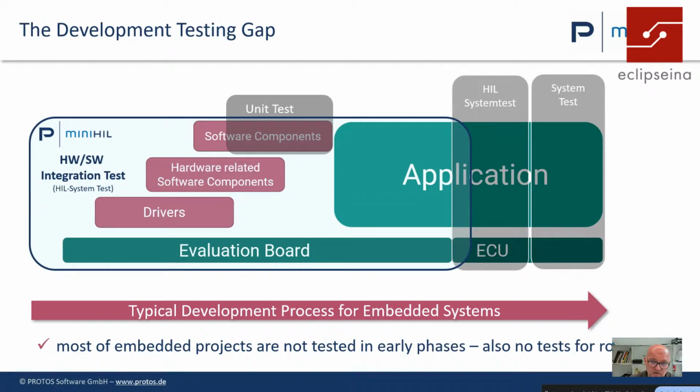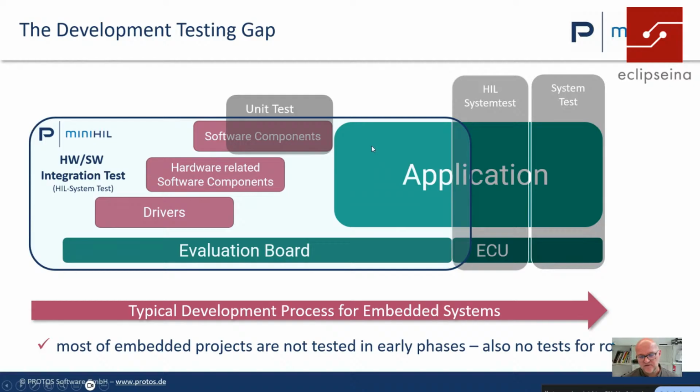So 3.3 or 5 volts, for example, or 2 volt, whatever it is. This has the big advantage: you can test your complete software system, including all the drivers and including the hardware periphery on your chip. So for example, a PWM, you can measure this and you can use it for your test case. So that's the basic idea for the miniHIL.